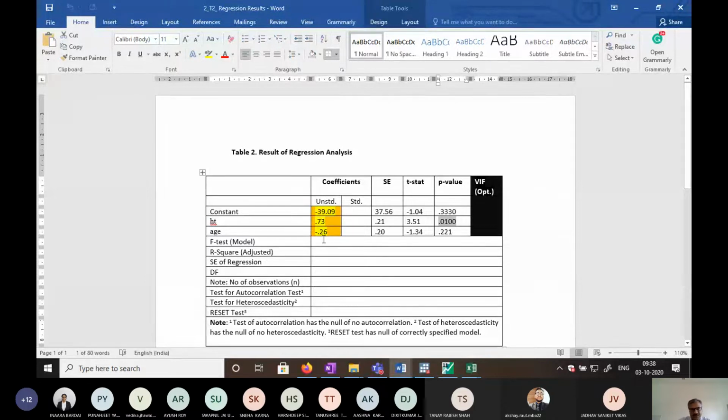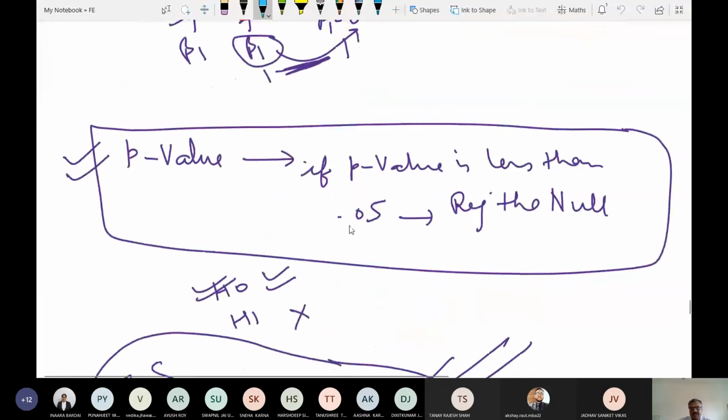The case is exactly opposite when we look at the coefficient of age. P-value is 0.221, which is obviously not less than 0.05. So the concluding argument here is that the null related to coefficient of age cannot be rejected because p-value is not less than 0.05.